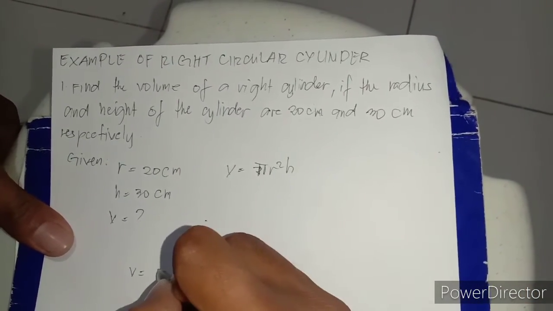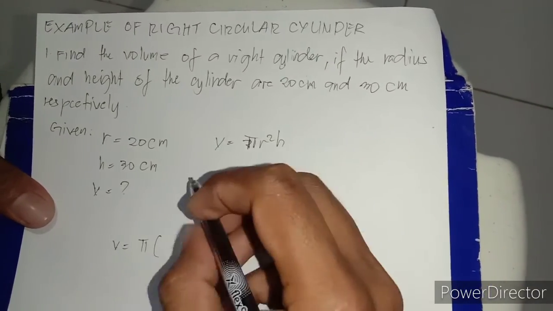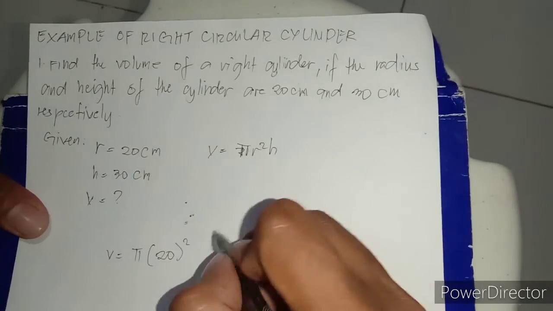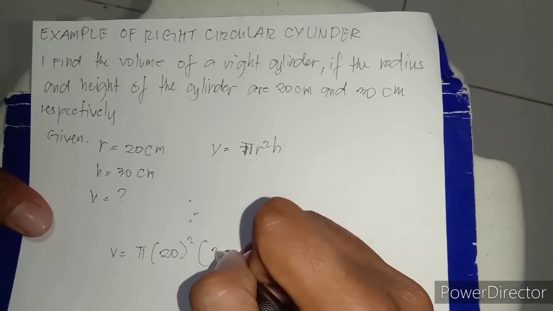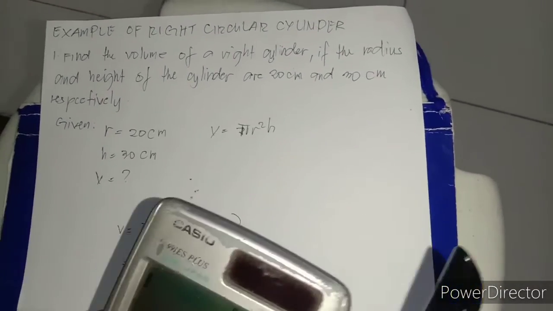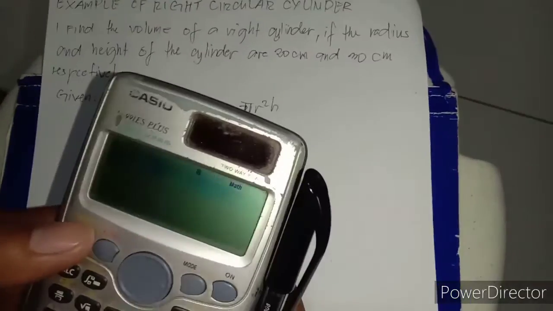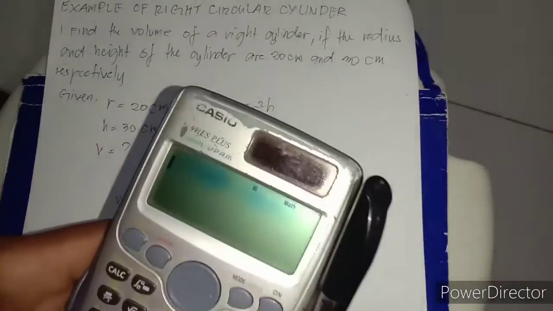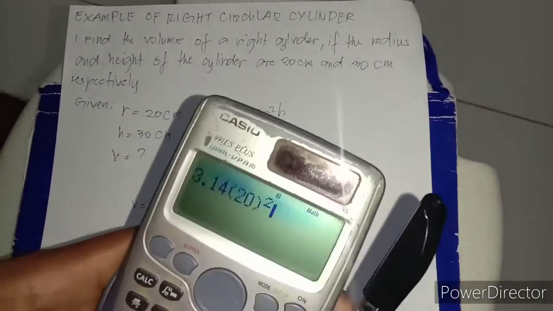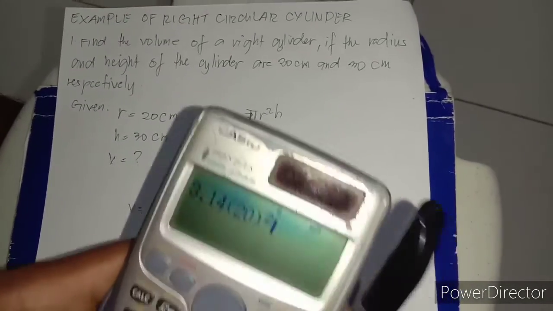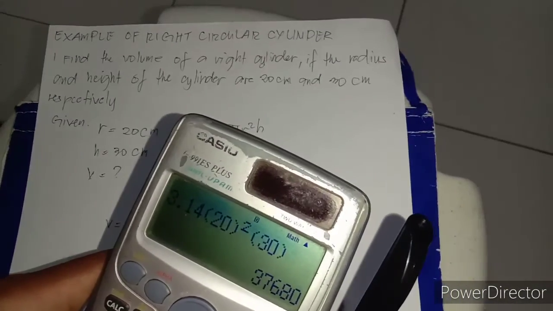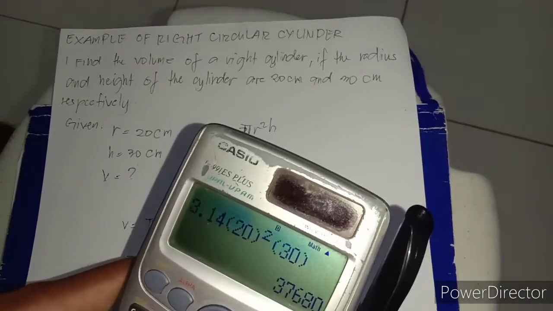Volume equals pi times radius 20 squared times the height 30. So 3.14 times 20 squared times 30. The answer is 37680.